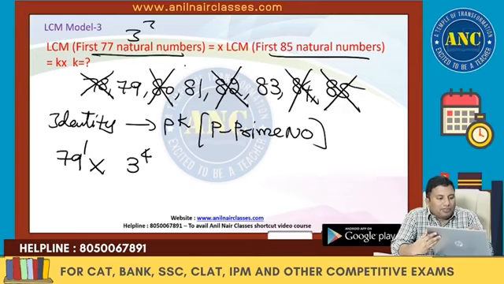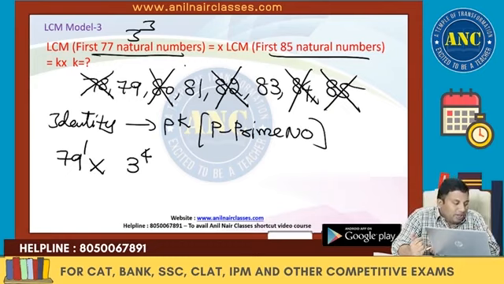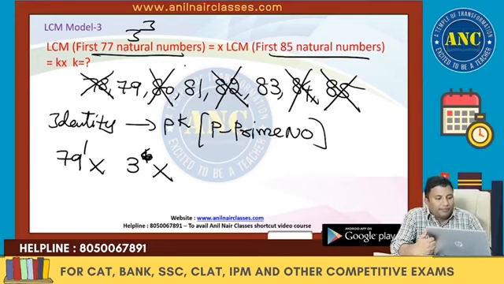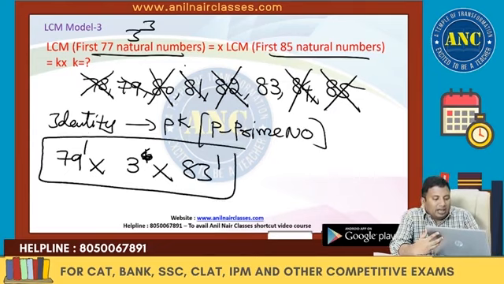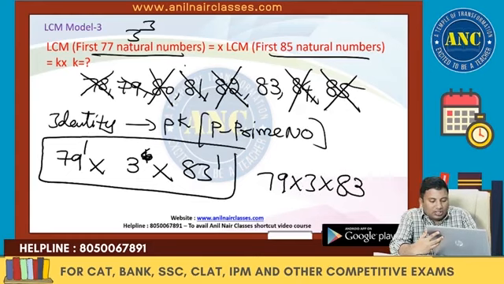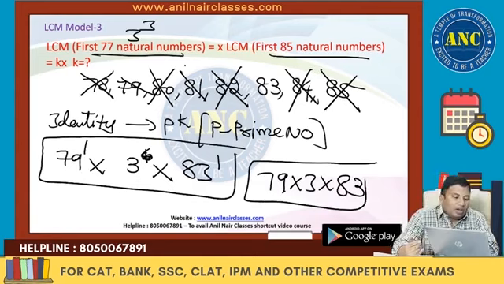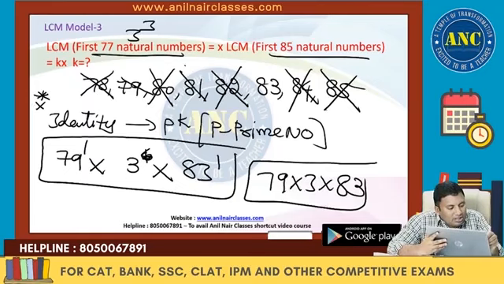Highest power of 3 till 77: 3 cube is 27, so an extra 3 will come. 83 is another prime number. So 79 into 3 into 83. This is the answer. Just by looking at the numbers, you will determine the concept in this.